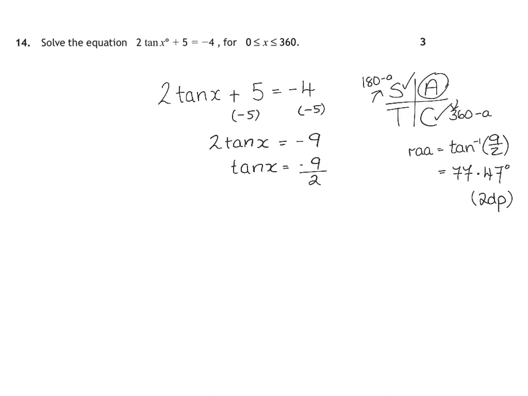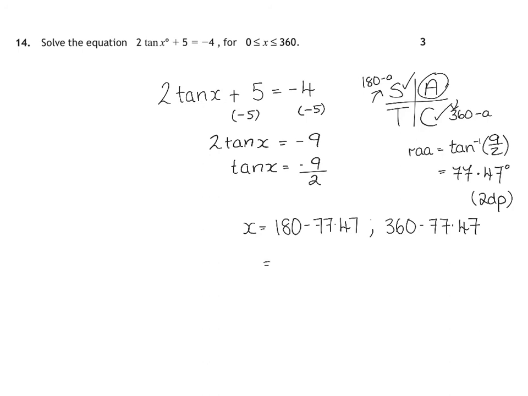So when we are solving this, that means we're going to have x is equal to 180 minus 77.47 and 360 take away 77.47.